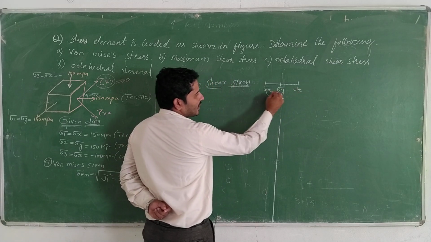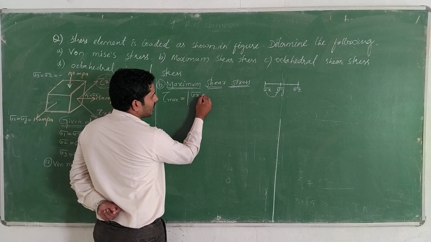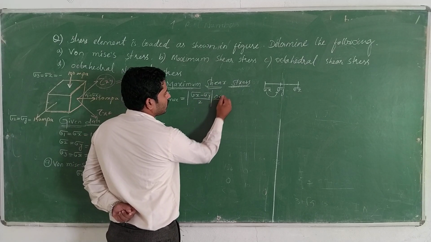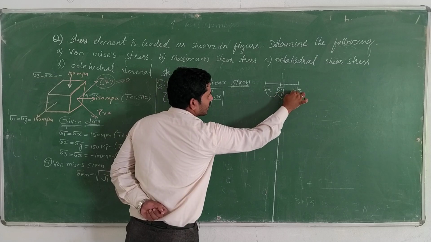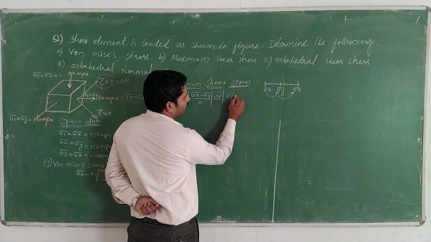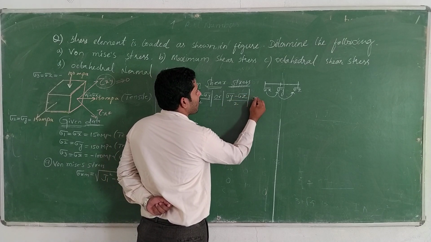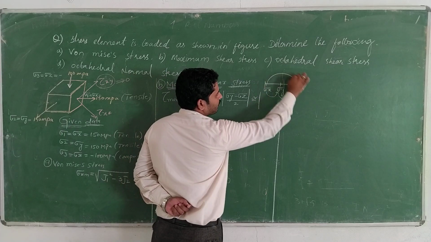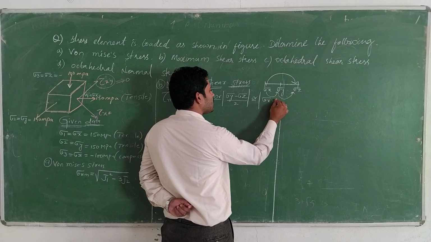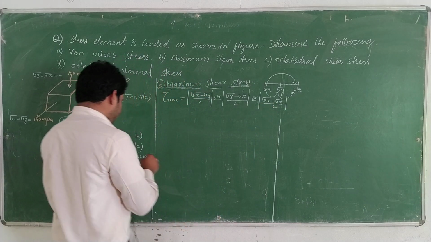Sigma x minus sigma y by 2, or sigma y minus sigma z by 2, or sigma x minus sigma z by 2. Okay, let us see.